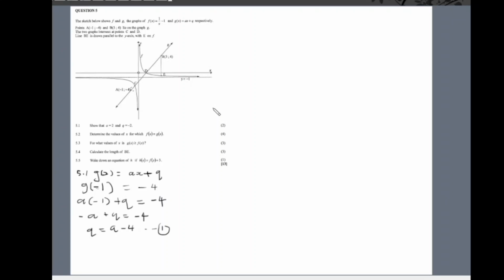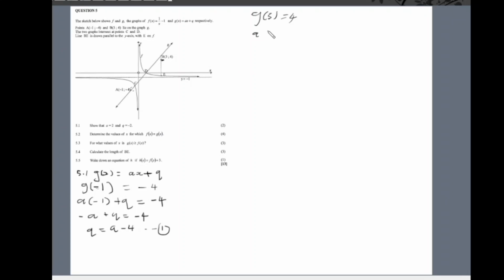So now we'll go ahead and substitute the coordinates of the other point B. We know if we substitute 3, we should get 4, right? At x equals 3, the graph of g equals 4. So wherever I see x in my equation, I will put 3, right?